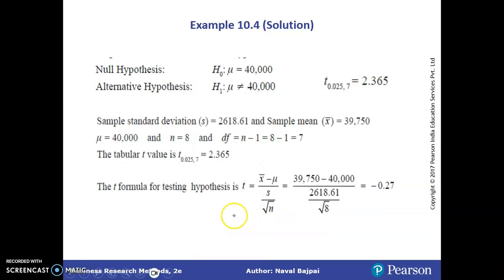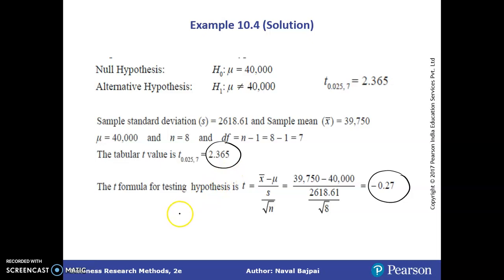But in the present case, the calculated value is way less than the critical value.